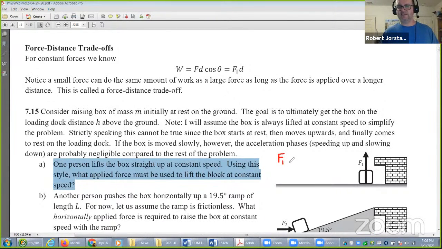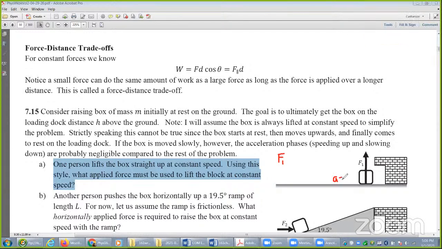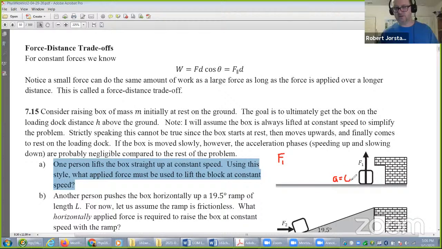If this is at constant speed, what's the acceleration for this case? 0. Okay, so what's true about F1 and mg? Don't overthink it. They're equal. So again, this is the approximation we're making. We're assuming force 1 is just magnitude mg because acceleration is effectively 0 by moving this at constant speed.